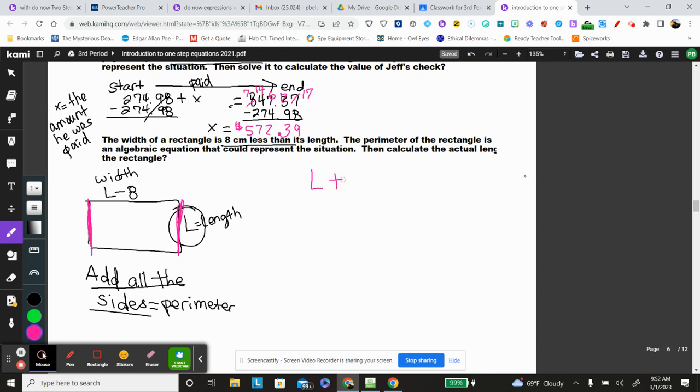L. What's this side? L minus 8. So plus L minus 8, and then plus, what's this side? L minus 8. And all together, if you add it up, the perimeter is, y'all write this down.